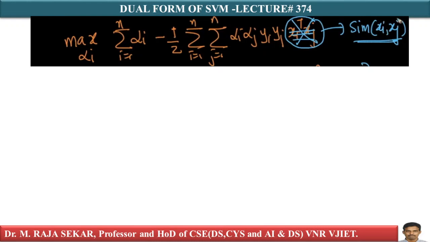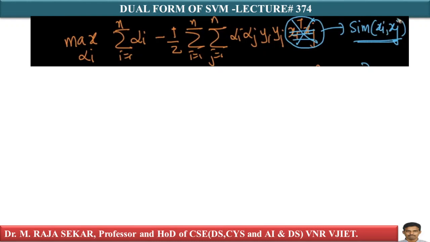When I go to the dual form and somebody gives me a similarity between xi and xj, I just plug the similarity in the dual form, replacing xi transpose xj with sim of xi comma xj. Why are we able to do it? They are appearing in the form of dot product, which is not possible in the primal form.